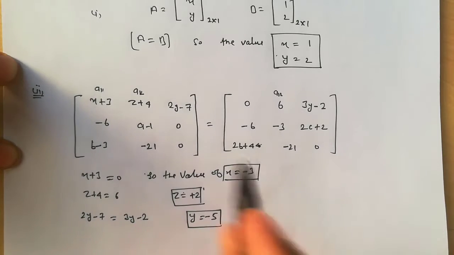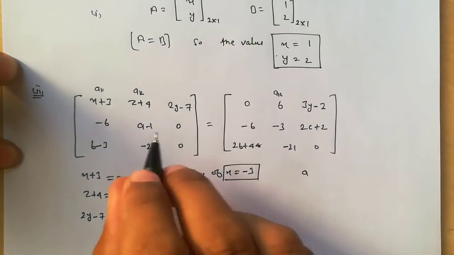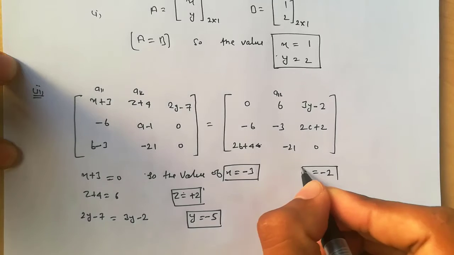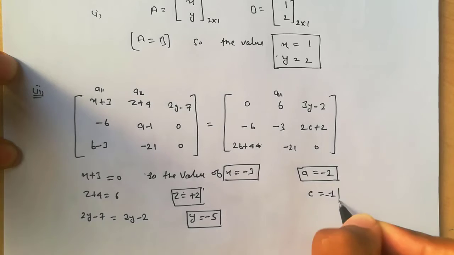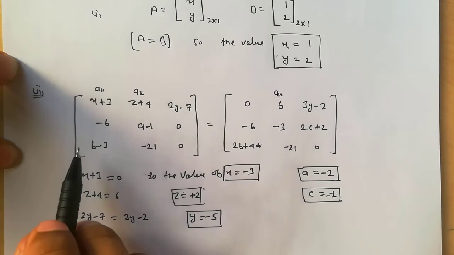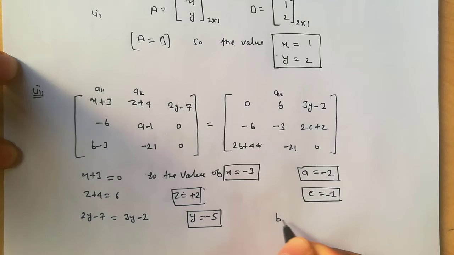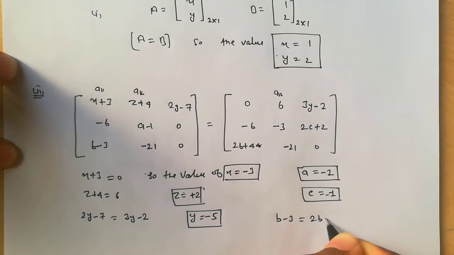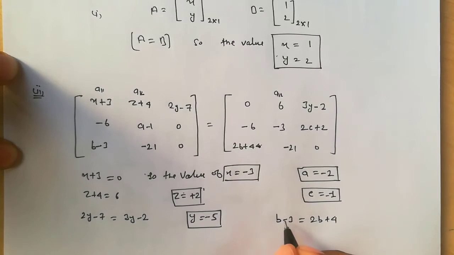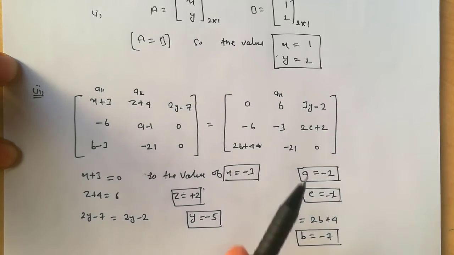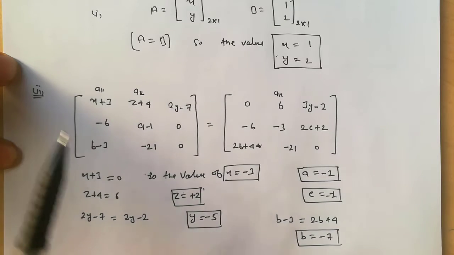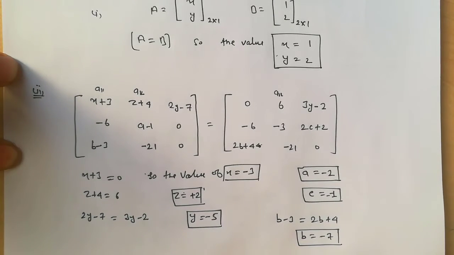Similarly, we can find the value of a, which is minus 2, and the value of c equals minus 1. Now b minus 3 is equal to 2b plus 4, so we can find b. So by comparing the matrices, we can find the values of all the elements one by one.